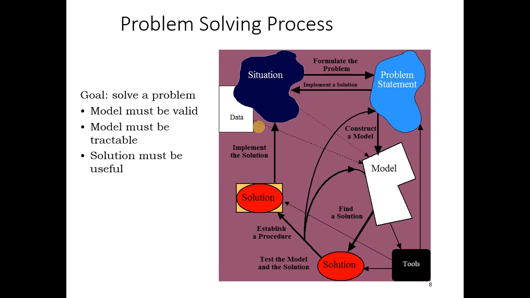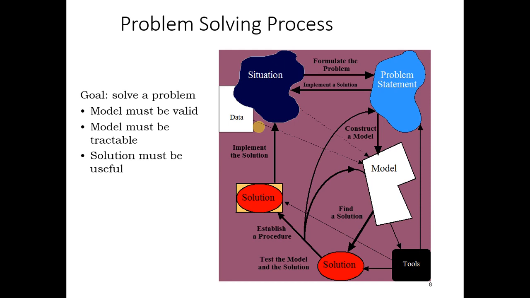For example, take a real-time situation, like company information, and we have something called data in it. We cannot get the solution directly from the data. So we will convert that situation into a problem, which is said to be a problem statement.